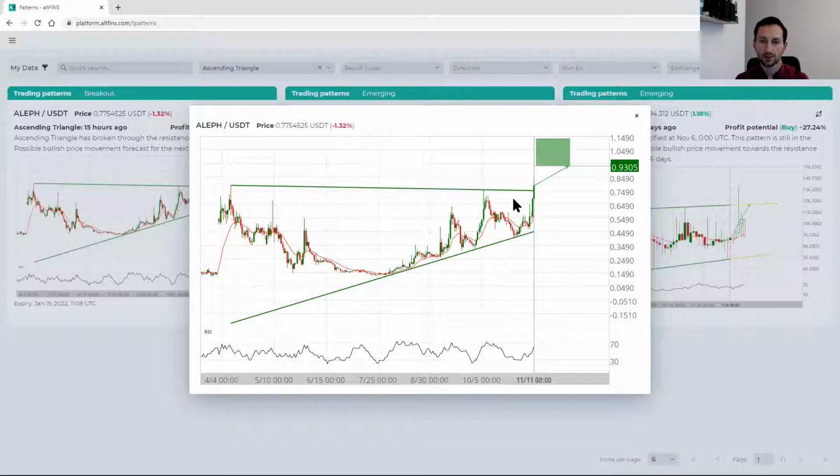These patterns, by the way, are generated by the automated pattern recognition system. That of course is not perfect.